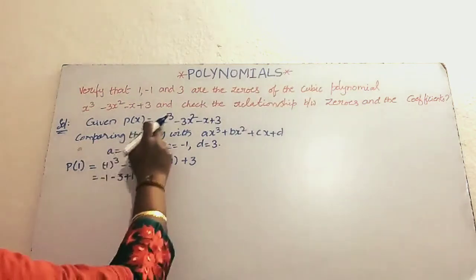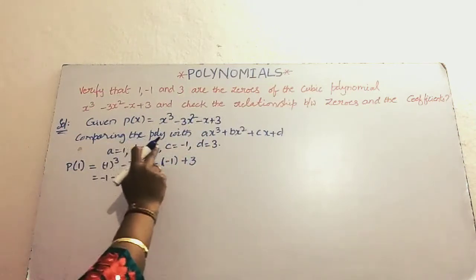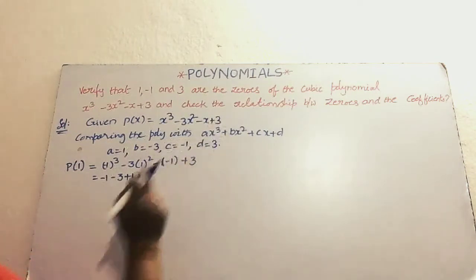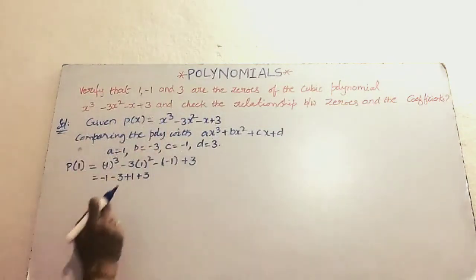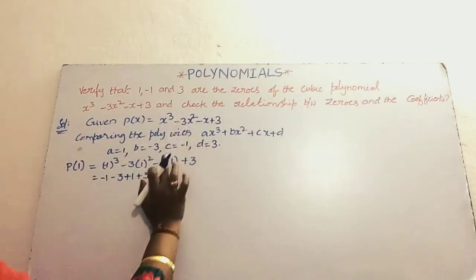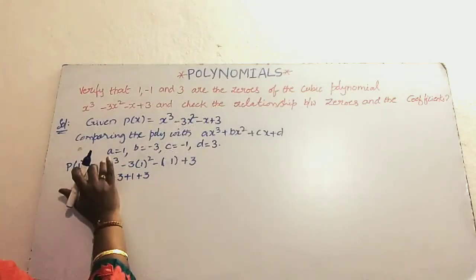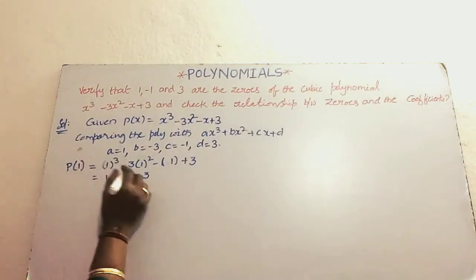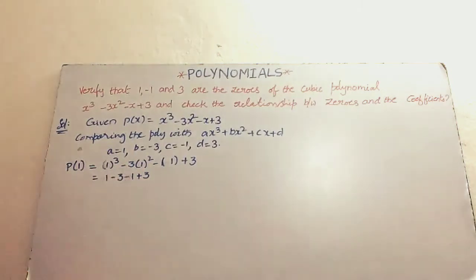And here A is equal to 1, B equal to minus 3 and C equal to minus 1 and D equal to 3. Then P of 1 equal to 1 whole cube minus 3 into 1 whole square minus of minus 1 plus 3. That means 1 minus 3 plus 1 plus 3.